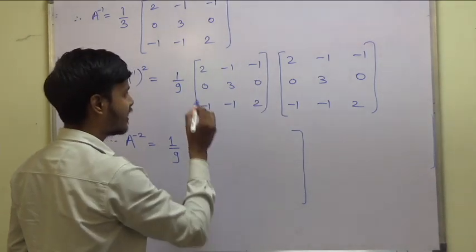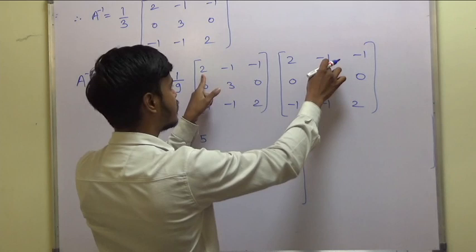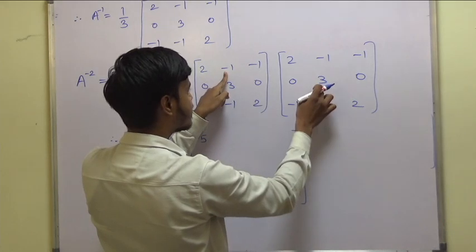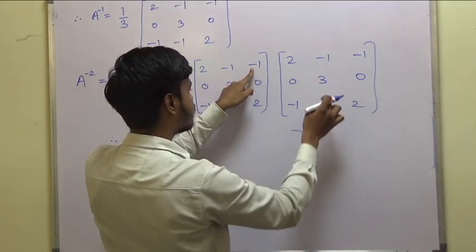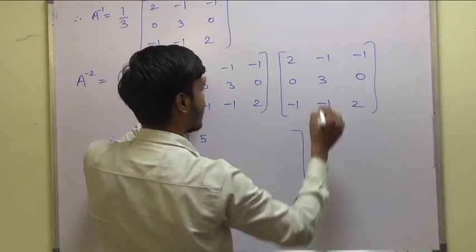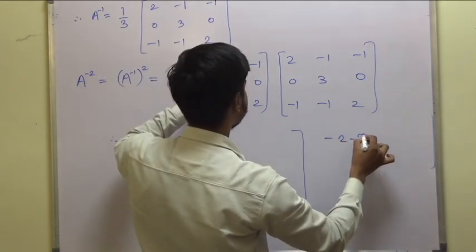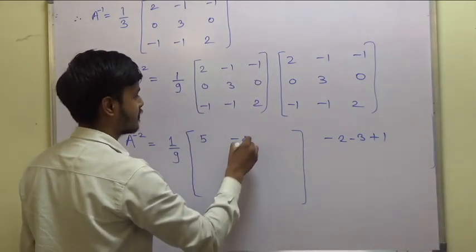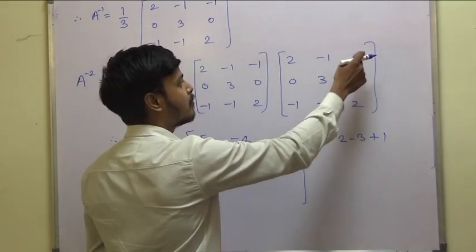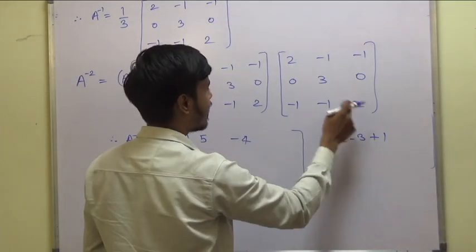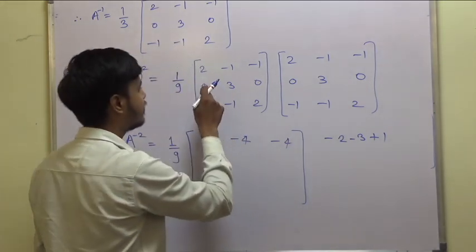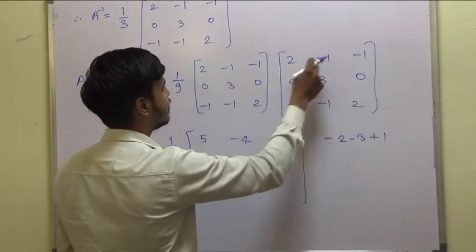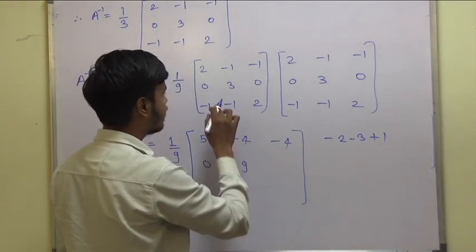So this is 5. 2 1s are minus 2, 2 into minus 1 is minus 2, minus 3 plus 1, minus 2 minus 3 plus 1, okay, minus 4. Then this is minus 2, 0, minus 2, minus 4, then 0 0 0, then 0 3 3s are 9, and then 0.